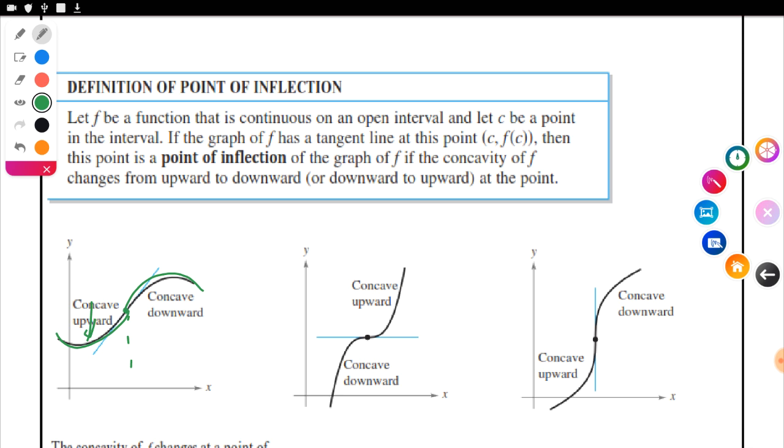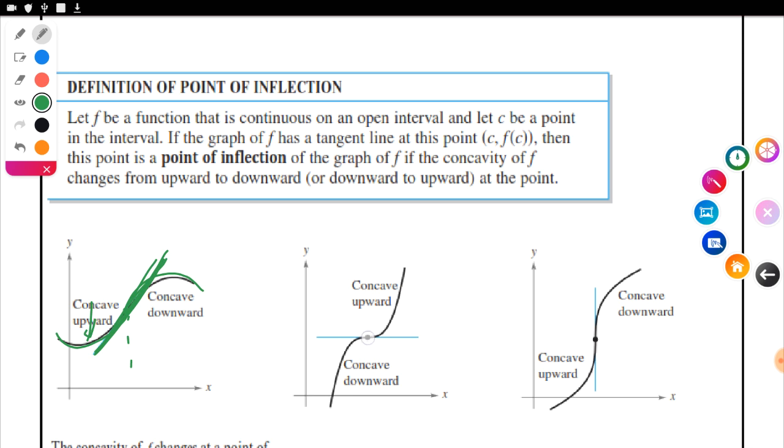Okay, at this point, the function has a tangent. The point of inflection is a point at which the function has a tangent line. Okay, the second step, the concavity of the function changes from upward to downward or downward to upward.